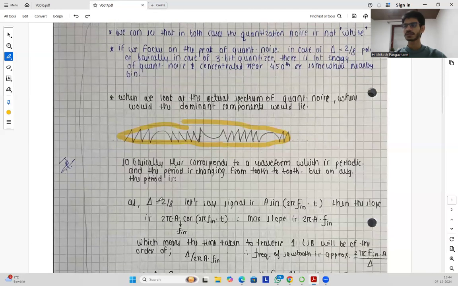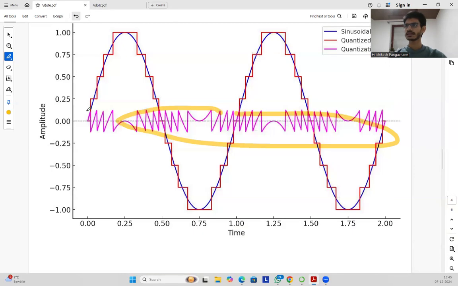So as the step size is 2 by 2 to the power 3, let's say the signal is a sine, 2 pi fn times t. This is the signal which is input, and the slope is basically the slope of this signal. So I'm talking about this signal.